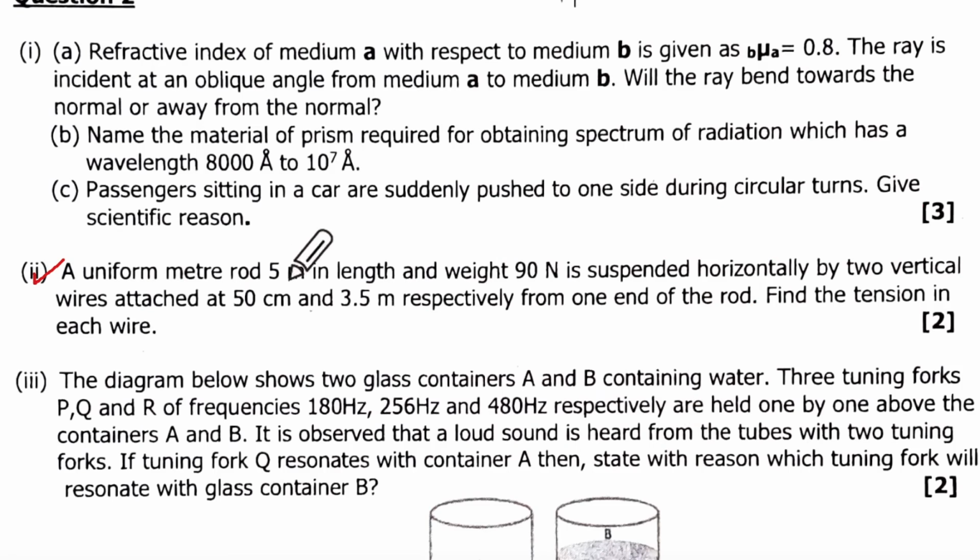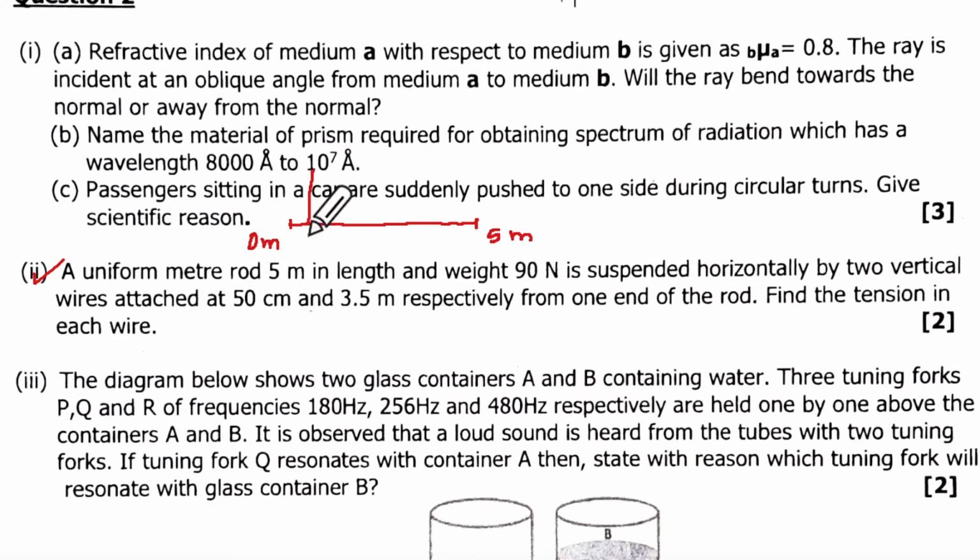A uniform meter rod of 5 meters length weighs 90 newtons, suspended horizontally by two vertical wires attached at 50 centimeters and 3.5 meters respectively from one end of the rod. So you'll have to show the diagram first, and it is going to be 0 meter here and 5 meter here, and it is suspended by two vertical wires attached at 50 centimeters.